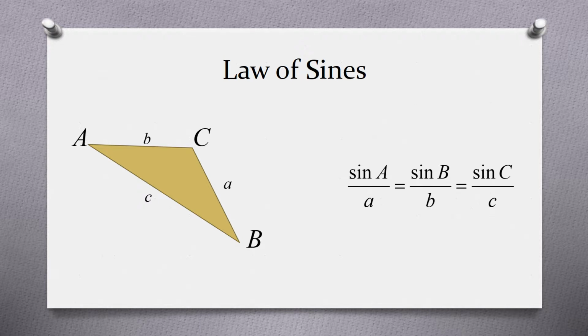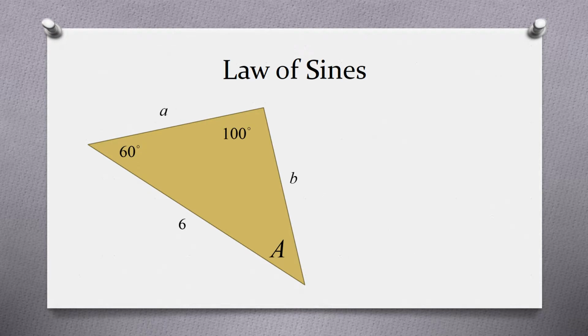And so this has been discovered, it has been proven. Maybe your textbook, depending on what textbook you're using, can demonstrate how this is a fact. So we'll move forward with it and use it as another tool that we have in our tool belts with respect to solving triangles. So here's an example.